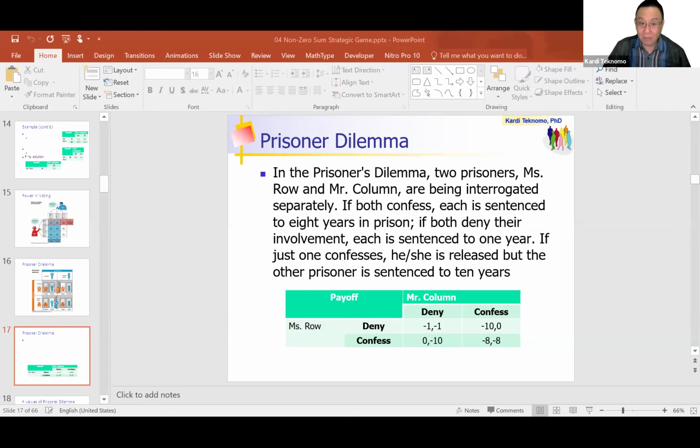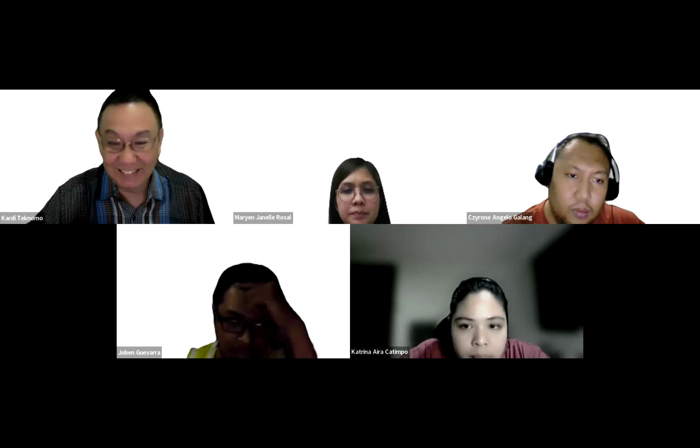If just one confesses, that one is released, so 0, but the other prisoner will be sentenced to 10 years. So can you get the combination?